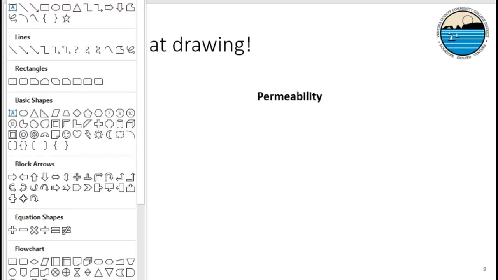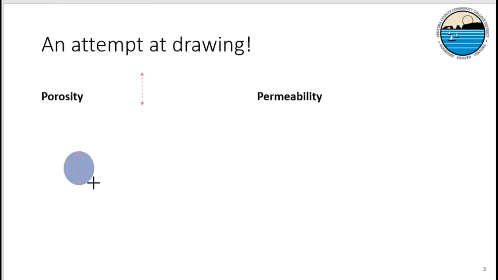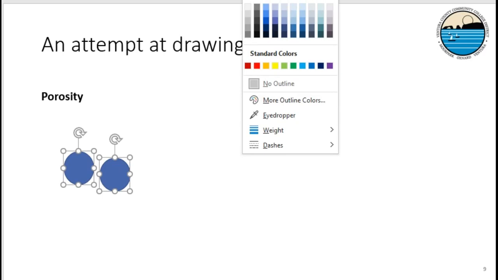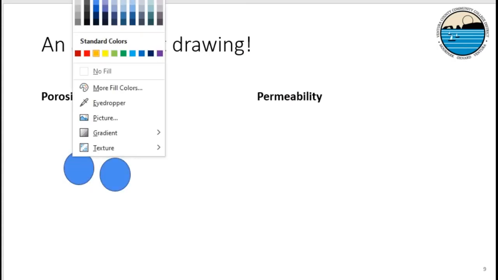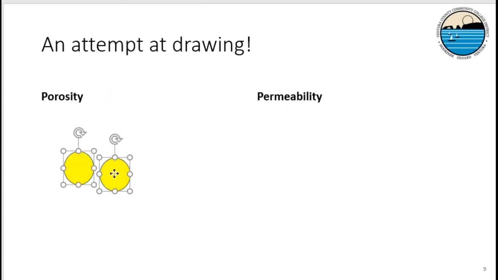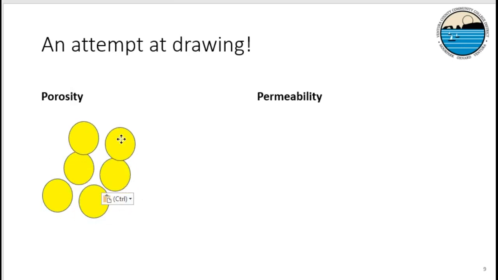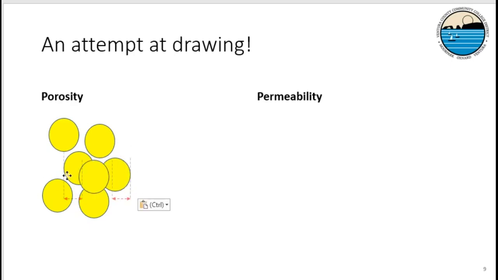And when we talk about porosity, we have a bunch of grains, and I'm going to color these a different color because I don't want to confuse you. Let's color them yellow so they look like grains of sand. Okay, so all these little circles here represent individual grains of sand.